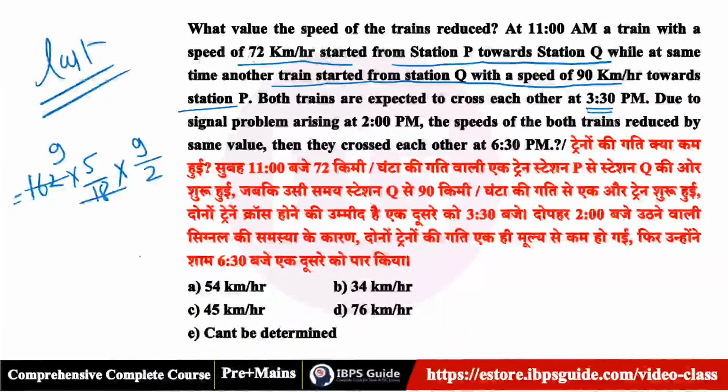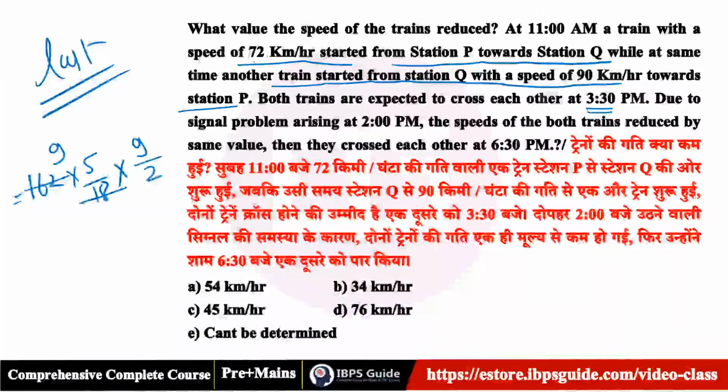No, 4.5 hours means 9 by 2. 4.5, yes, 9 by 2. So that is the distance between the stations, because speed will be what? 72 plus 90, 162 into 5 by 18 into 9 by 2.